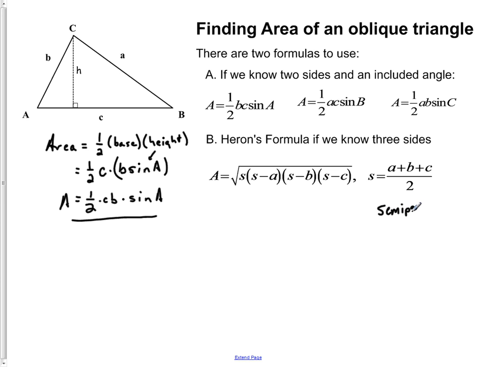We just take half of the perimeter, whatever it is, the distance along the outside of the triangle, times the difference between the semi-perimeter and a, times the difference of the semi-perimeter minus b, times the difference of the semi-perimeter minus c. Heron was a Greek mathematician from back in the day of Pythagoras, well, actually a bit after Pythagoras, but still a Greek mathematician. And so this is the formula named after that fellow.